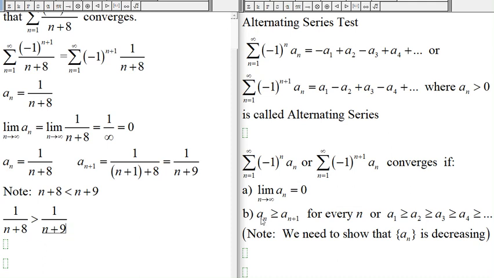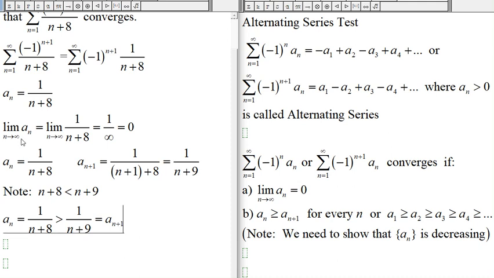And so we have shown that a sub n is greater than or equal to a sub n plus 1. So this is a sub n right here, and this is a sub n plus 1.